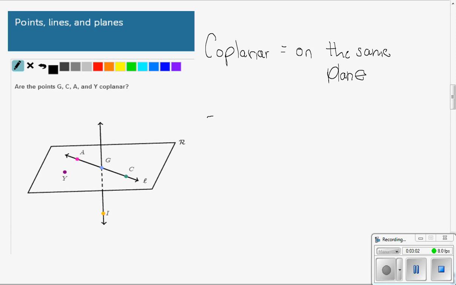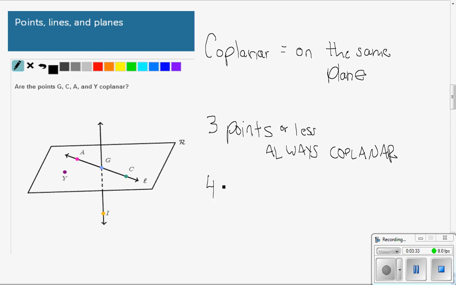If we have 3 points or less, so 2 points or 3 points, they're always coplanar. Because we can always connect 3 points or less with a piece of paper. They can always be on the same piece of paper, the same plane.